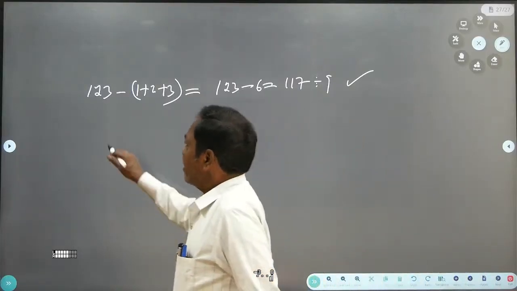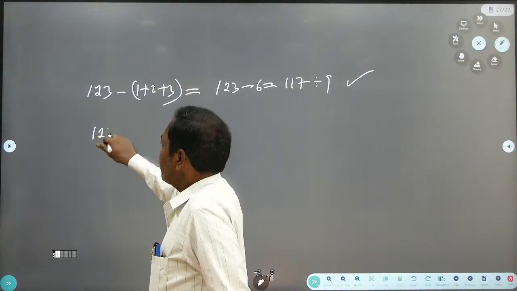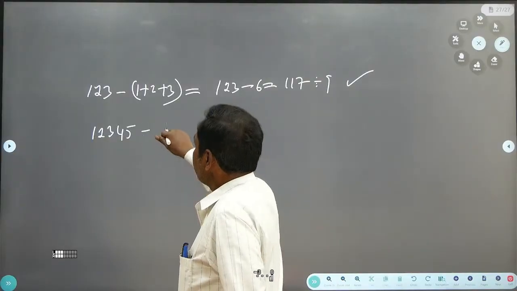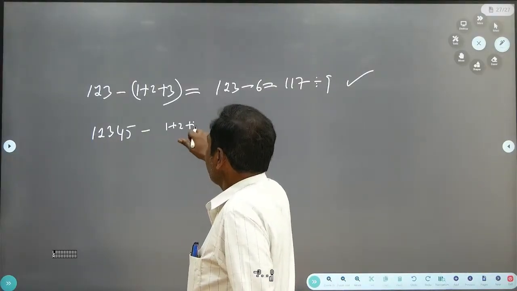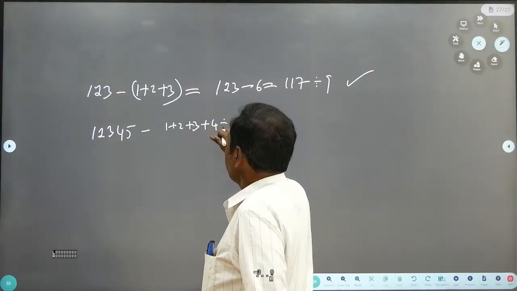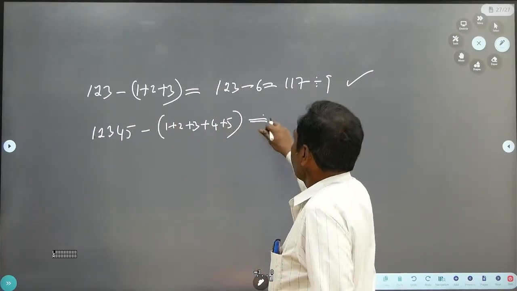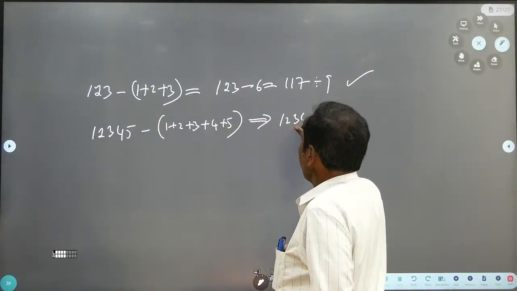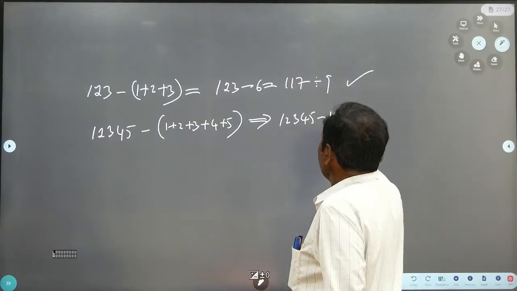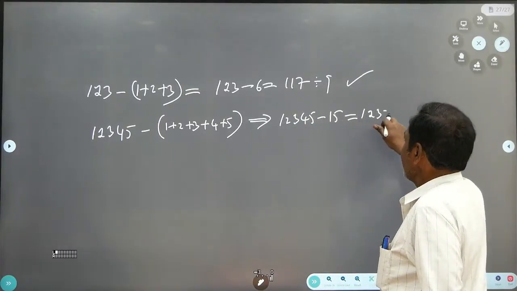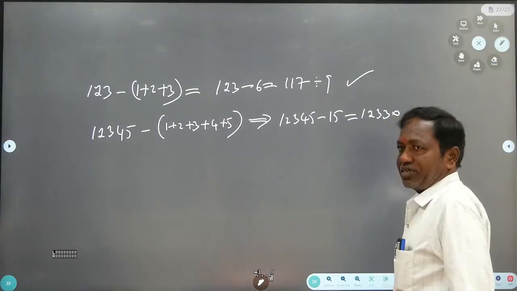Now, for example, you can take 1, 2, 3, 4, 5. Let us take 5-digit numbers, minus 1 plus 2 plus 3 plus 4 plus 5. It means 12345 minus 15 is equal to 12330. See that.